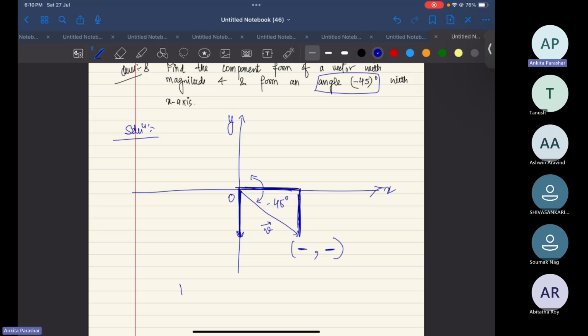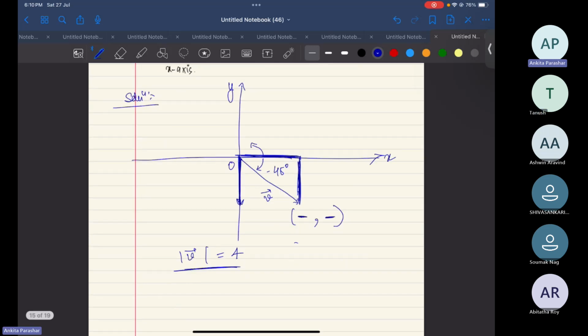It's given that the magnitude is 4. So 4 cos theta, so 4 cos 45. Your first component is the vector modulus times cos of minus 45 degrees, and then the vector modulus times sine of minus 45 degrees.